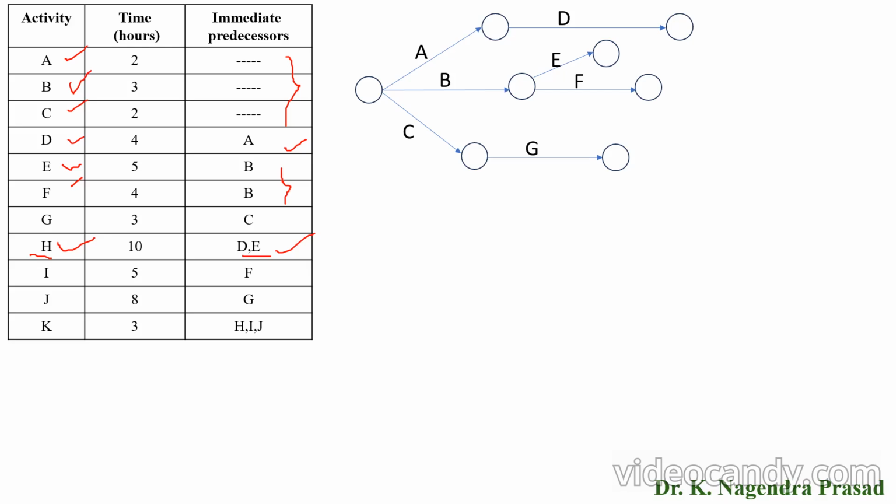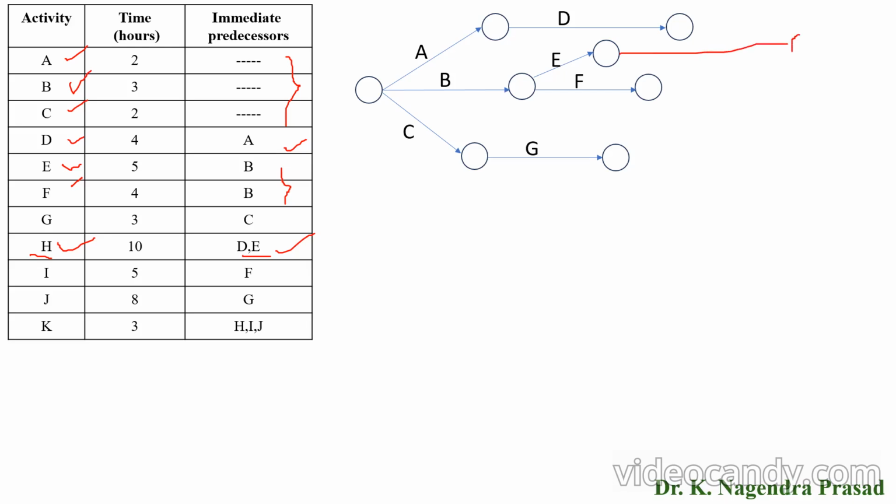If you draw activity H like this, it indicates that activity H will start after completion of D only, but it will start after completion of both activities D and E. Then we have to modify the activity H like this.